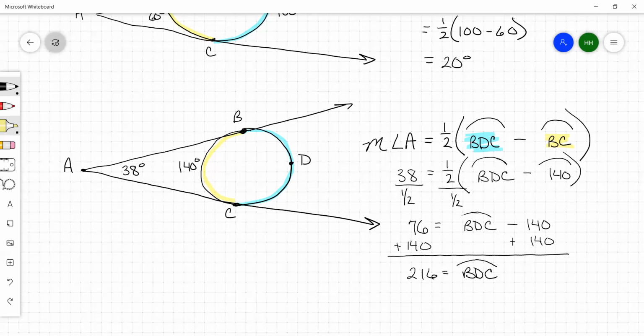No, this is going to bother me now. What's going on here? Somebody help me. 38, the angle equals the big arc minus the little arc. 140 plus 76 is 216.